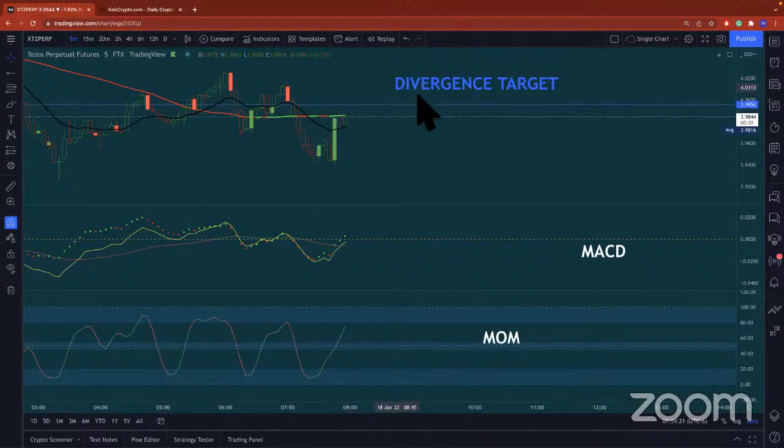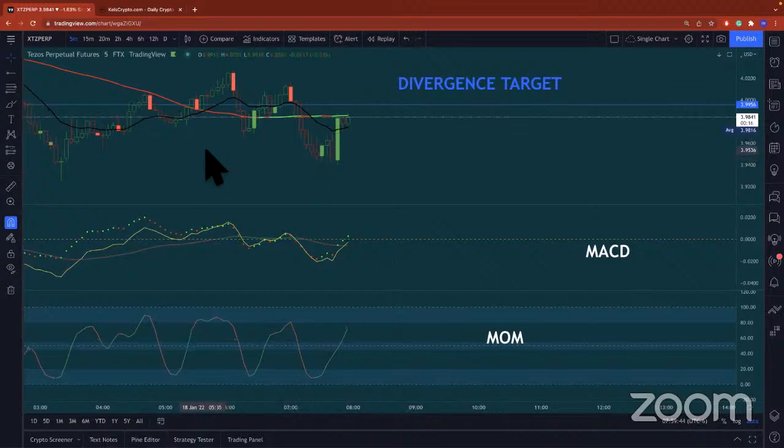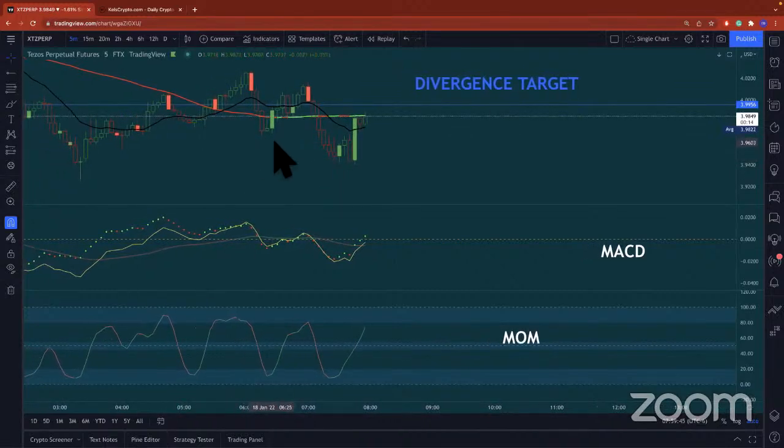Regular divergences are my favorite, though you could have hidden divergences, which just means that the oscillator and the price action are opposite from the regular divergence. But it's not my favorite thing to trade. Regular divergences are pretty spot on. They're pretty close to 100% accurate, and hidden divergences are about 70 to 80% accurate.